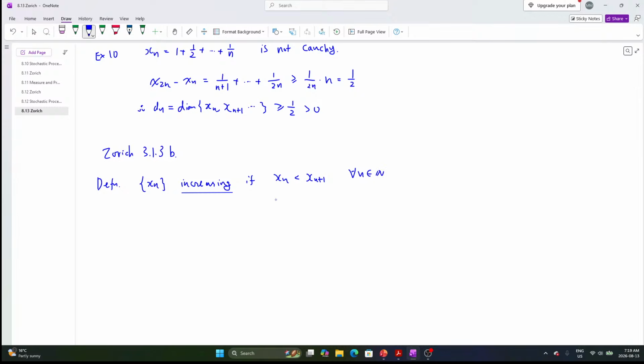Okay, and xn is non-decreasing if xn is less than or equal to xn plus 1. I guess this is perhaps closer to everyday use of the term, right? If it's increasing, it should go up.